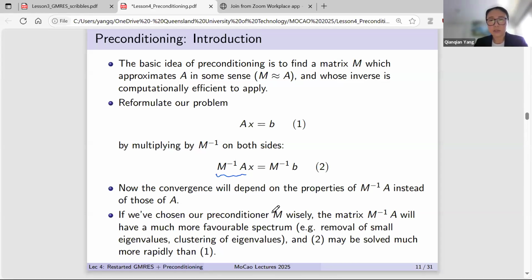If we choose a good preconditioner, then M inverse A will have a much more favorable spectrum. Like in the example we saw last time, where we removed the small eigenvalues and may have achieved some clustering of eigenvalues. That would be great. Then this preconditioned system can be solved much more quickly than the original problem. So that's the idea.